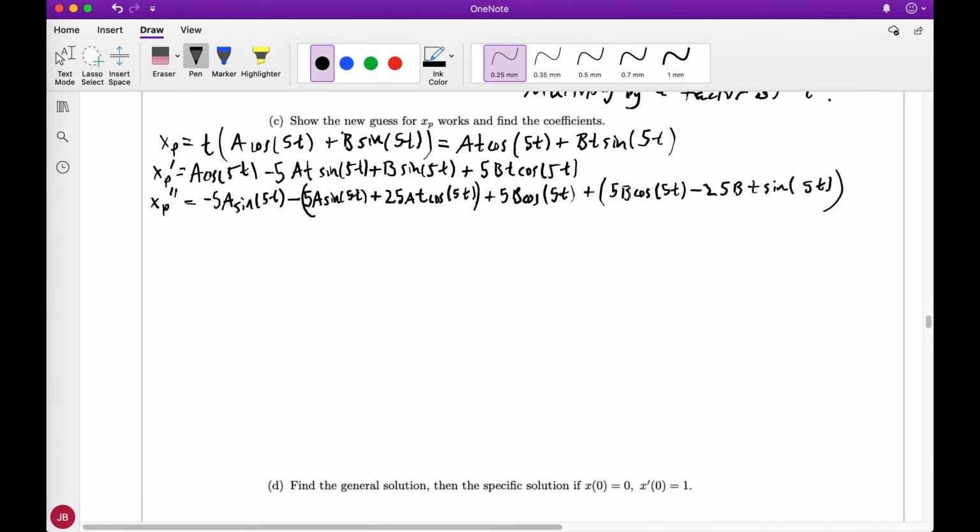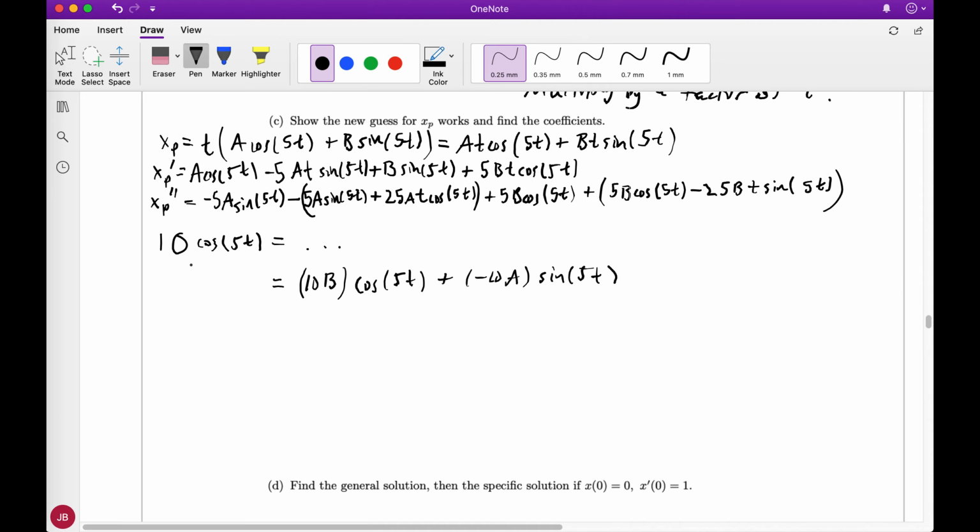And so what we get is the following: 10 cos 5t. Please verify this. It's going to take quite a bit of doing, so make sure you work it all out. But when it all works out, you get 10b times cos 5t plus minus 10a sine 5t.